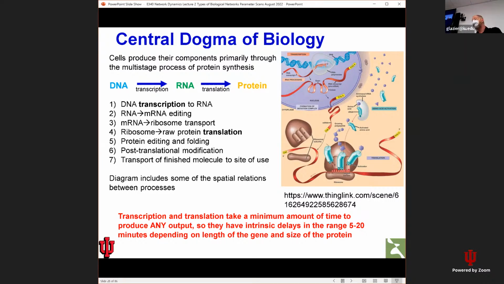If you have a cell that's going to decide, am I going to move to the left or to the right because there's a chemical I want here or I don't like there, I can't use the gene regulatory network to do it because by the time I made the decision, I'm dead. And so the reason you have these layered sets of faster, mid-range, and slower networks is because there are different timescales that are intrinsically associated with the nature of the way the networks work.